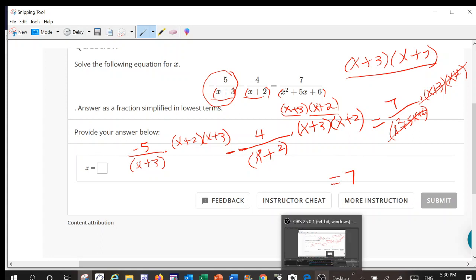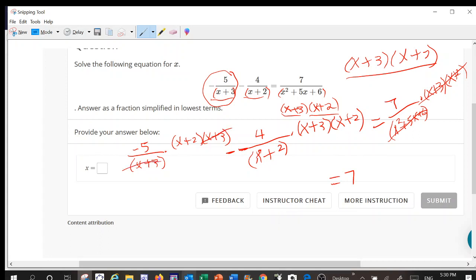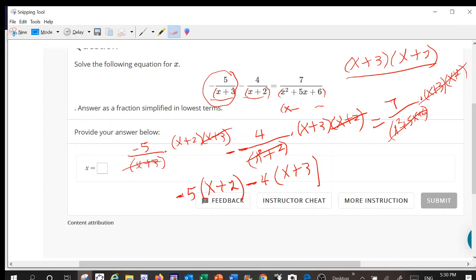Now on the left here, x plus 3 cancels x plus 3, so we get negative 5 times x plus 2. There's a minus here. This cancels that one, so we just get minus 4 times x plus 3 equals 7, right? Let me erase that too so you don't get it confused.